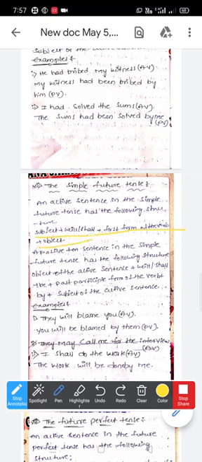Passive sentences in the simple future tense have the following structure: object of the active sentence plus will, shall, be plus past participle form plus by subject of the active sentence.